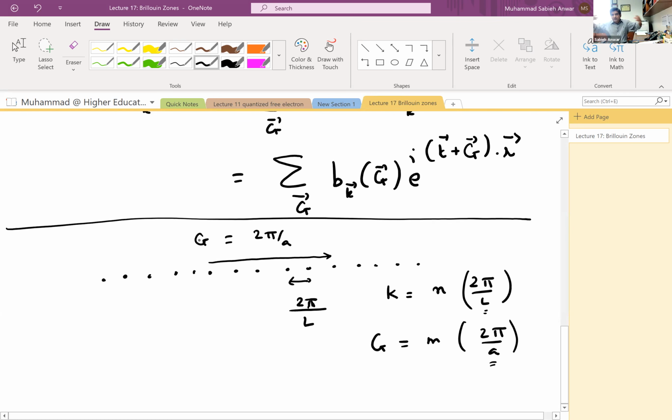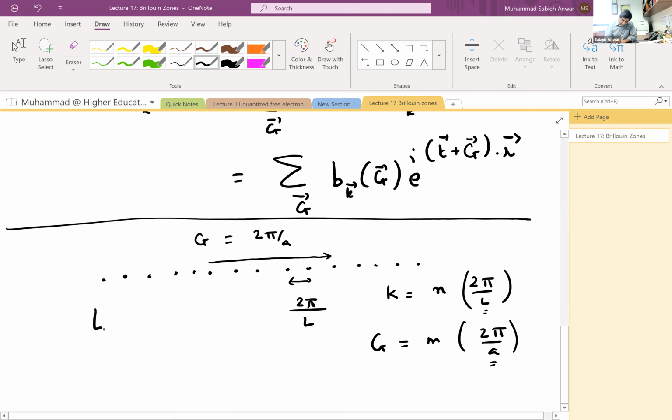So, each reciprocal lattice vector G, the length of it contains many fine K points. The K points outnumber the G points, and there is a very large number of K points inside a reciprocal lattice vector. In fact, you can find out the number of points.